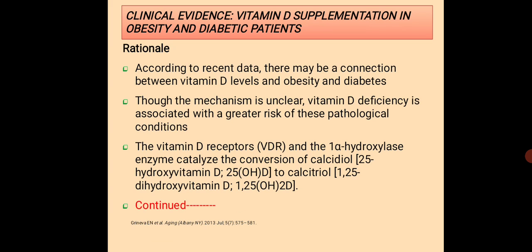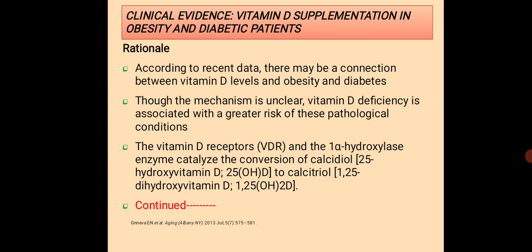Clinical evidence: vitamin D supplementation in obesity and type 2 diabetic patients. Rationale: according to recent data, there may be a connection between vitamin D levels and obesity and diabetes. Though the mechanism is unclear, vitamin D deficiency is associated with a greater risk of these pathological conditions.